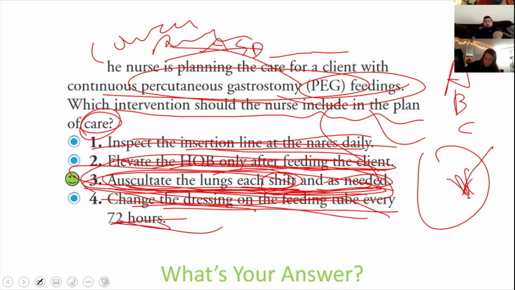You might, like I said, dismiss it because of "each shift and as needed." But they're writing out a care plan, right? It's not like the individual is taking care of this patient. You're writing out a care plan, and even if you're coming in for a 4-hour shift, you would also take the lunch hours.